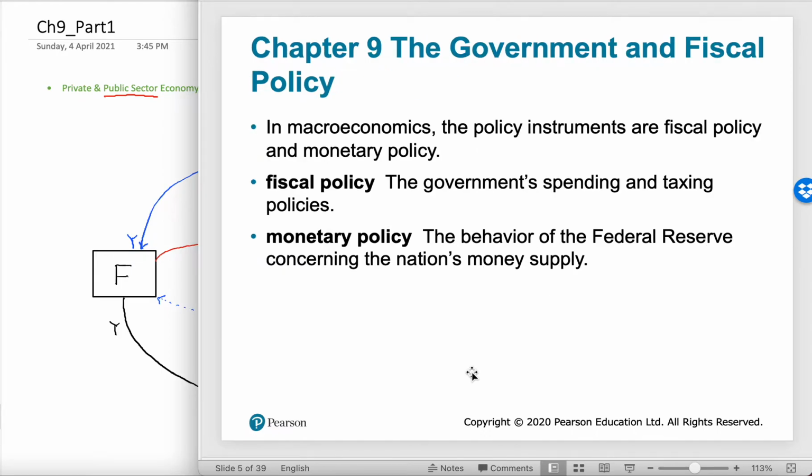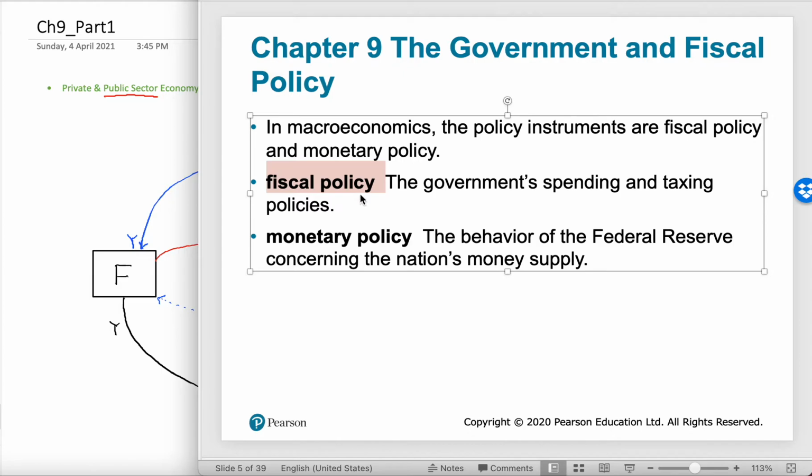So when we are talking about the government and the fiscal policies in macroeconomics, there are two types of policies. One is the actions of the Treasury Department or Ministry of Economic Affairs or Ministry of Finance in every country.